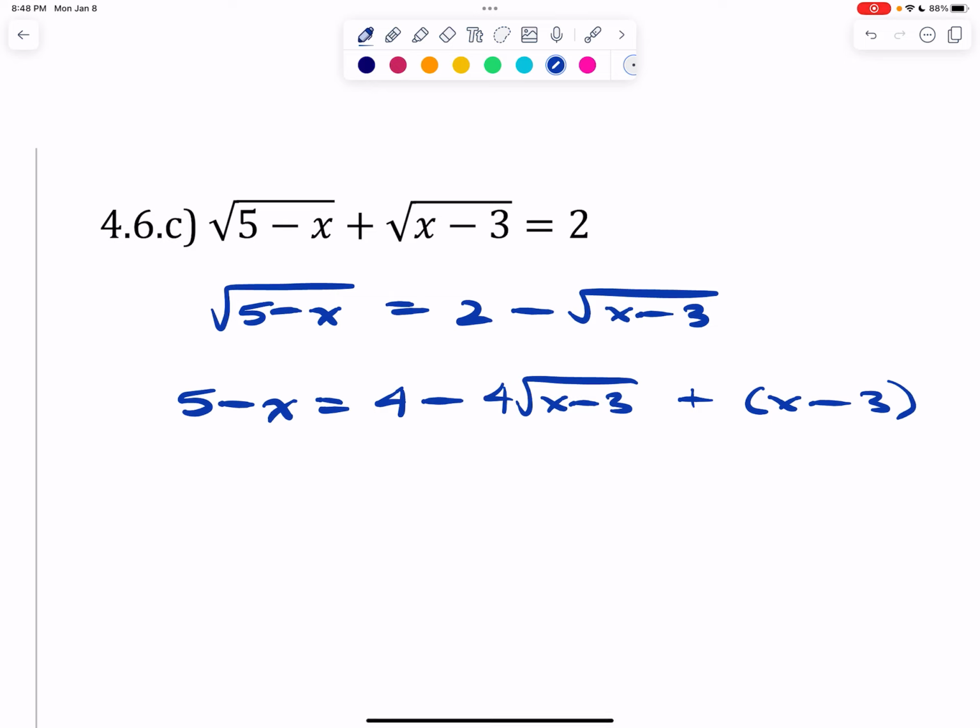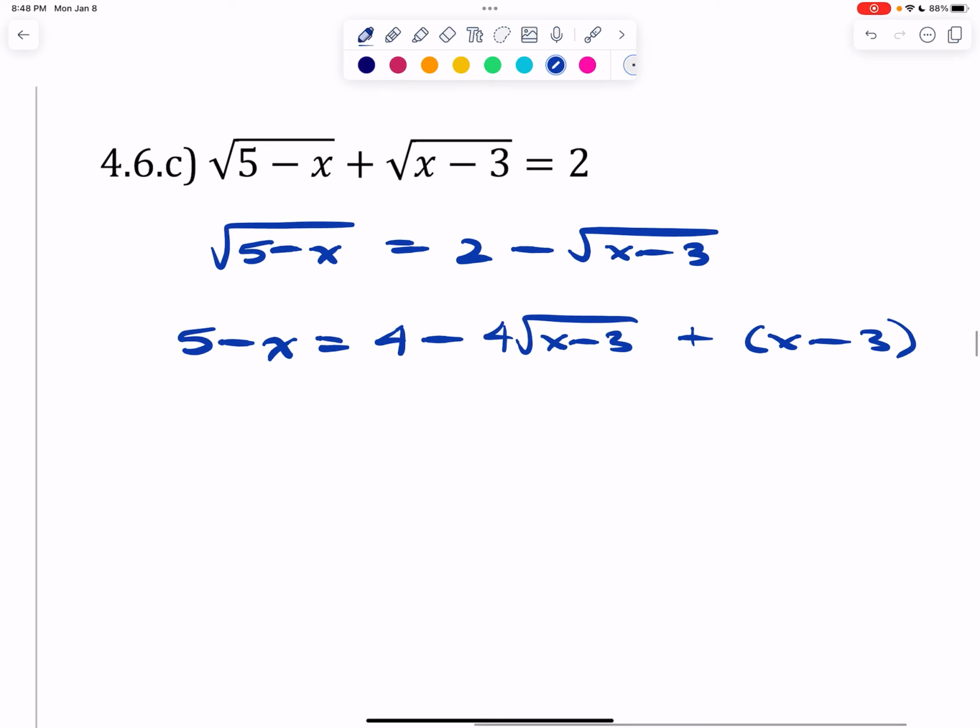So there I've gotten a mark. I'm going to pile everything onto one side somewhere. That doesn't really matter where. Got negative 2x from those.